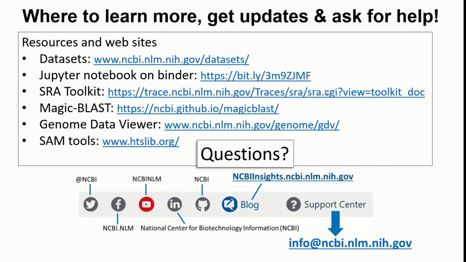But it is true that Magic Blast can actually act as a client and go to NCBI, or actually, I think if it's in the cloud, it knows that and it will get them from the cloud bucket. So all you have to do is give it the accessions directly, and it'll run it that way too. So that's another way to run it. If your only purpose was to run Magic Blast, that might be an easier thing to do. The point was to show you that you can use the SRA toolkit to bring that data locally. Okay, and I think we've answered all the questions that we had in there.